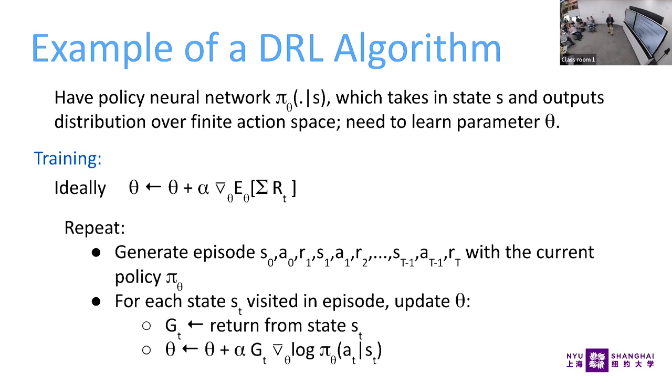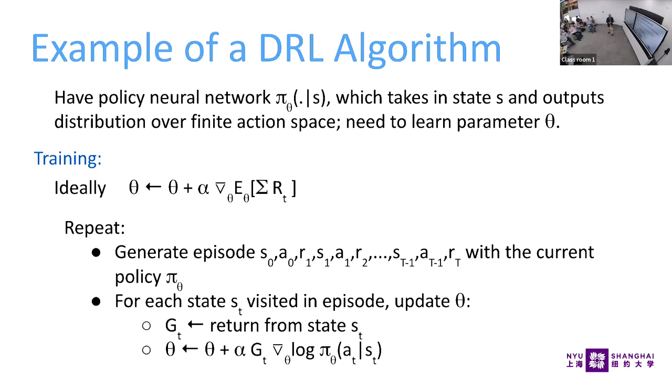So the algorithm, I'm not going to go through the proof, there's no need to do that, just to give you a general sense of a typical deep RL algorithm: we have our current policy, pi theta, our current neural network with our current parameters theta, and we're going to run an episode. We're in some state, we use our neural network to choose an action, we give that action to the environment, we get a reward, and then we move to a new state.